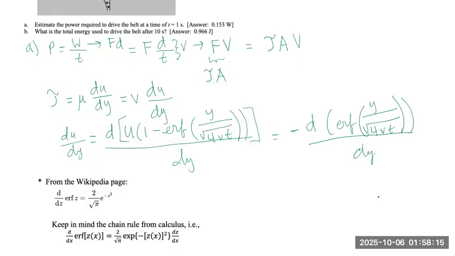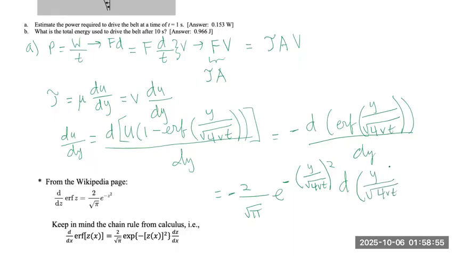By the chain rule, it's going to be equal to negative 2 over root pi times e to the negative y over root 4vt squared, times the derivative of the inside, d of y over root 4vt over dy.